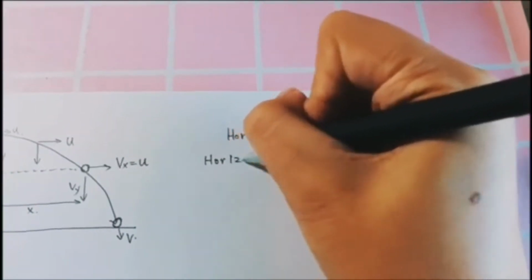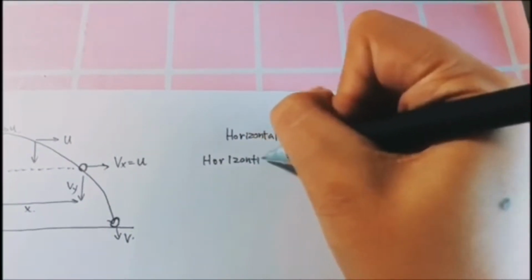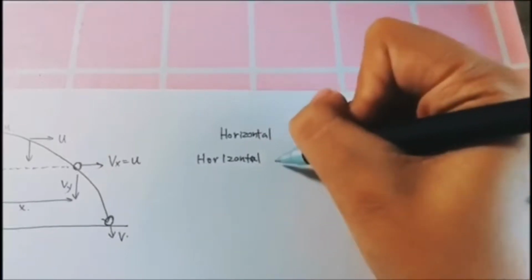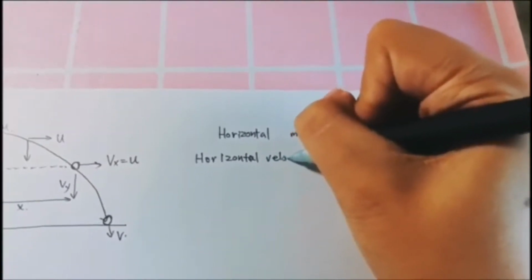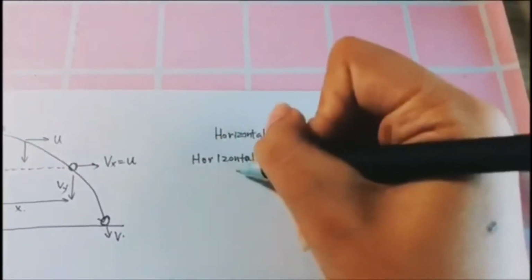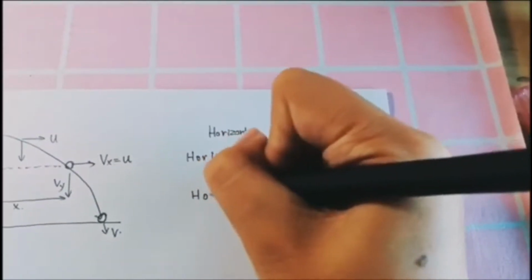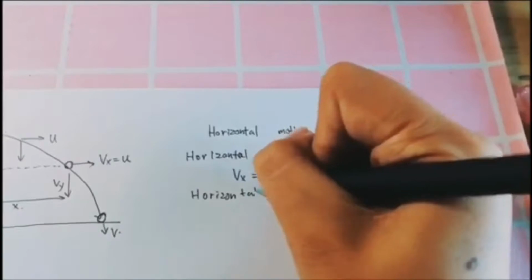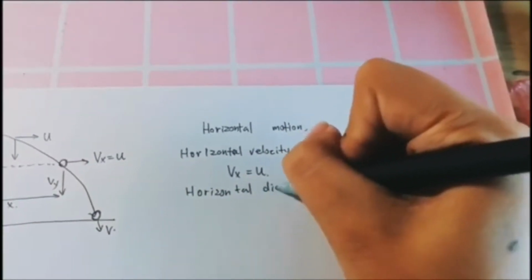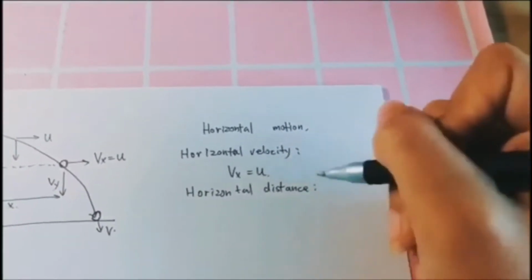The horizontal velocity after any time is the same, so vx equals u. So from the equation s equals vt, we get the horizontal distance x equals ut, or x equals vx t.